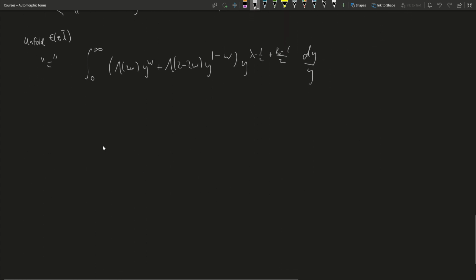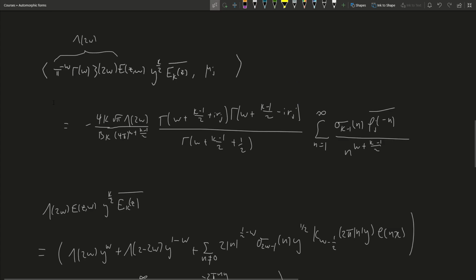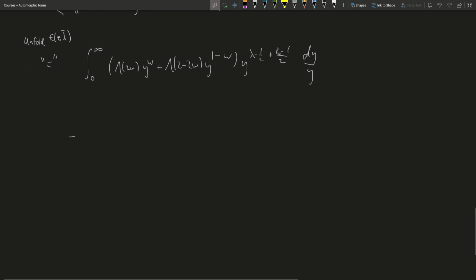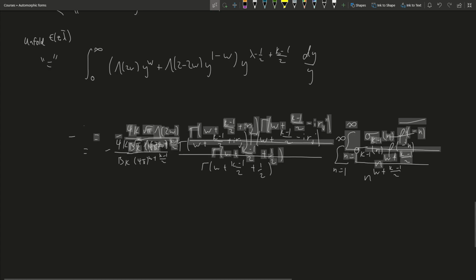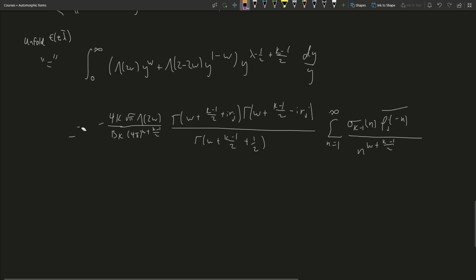So basically exactly what we wrote above, except that the rho j that we have here is going to be this Fourier coefficient of the Eisenstein series.